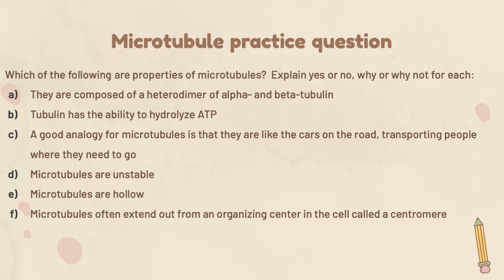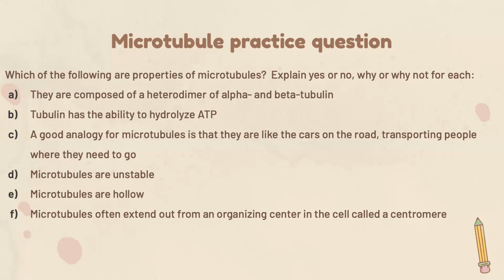And then next one, microtubules are hollow. Pretty simple, thumbs up or thumbs down. Yes, they are hollow. They're made up of a protofilament ring, which is 13 protofilaments that interact laterally to form a cylindrical structure. And then there is a space in the middle of the cylinder, so it is hollow.